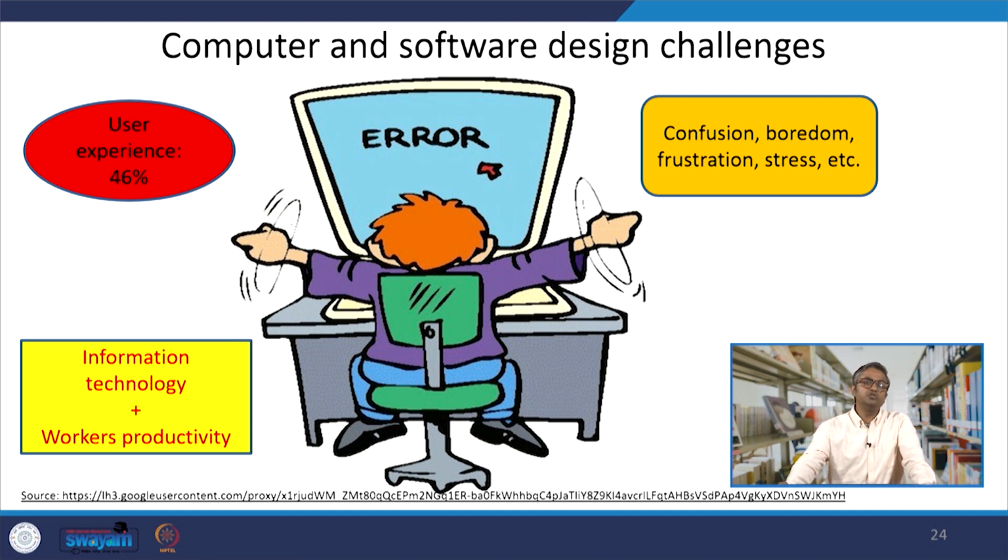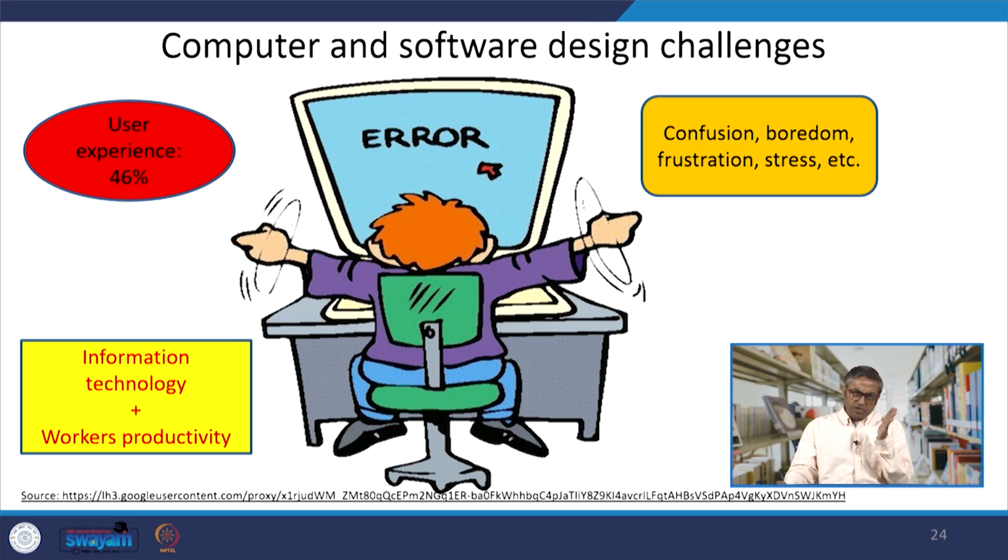Each and every individual has their own way to sort and label their data files. That is why labeling is also a part of human computer interaction: how the data set is being arranged.